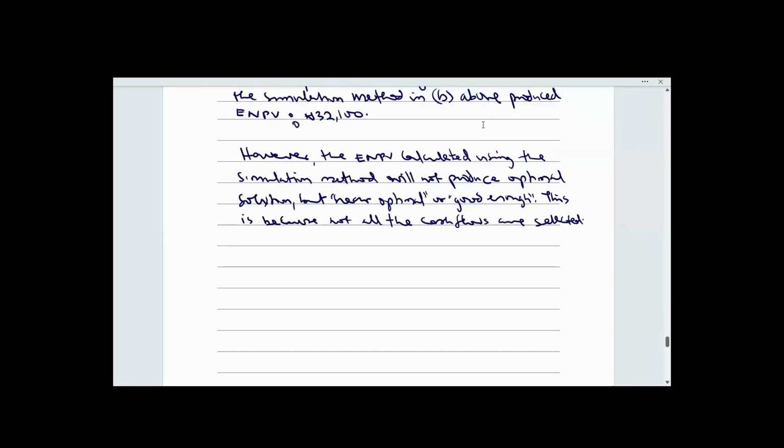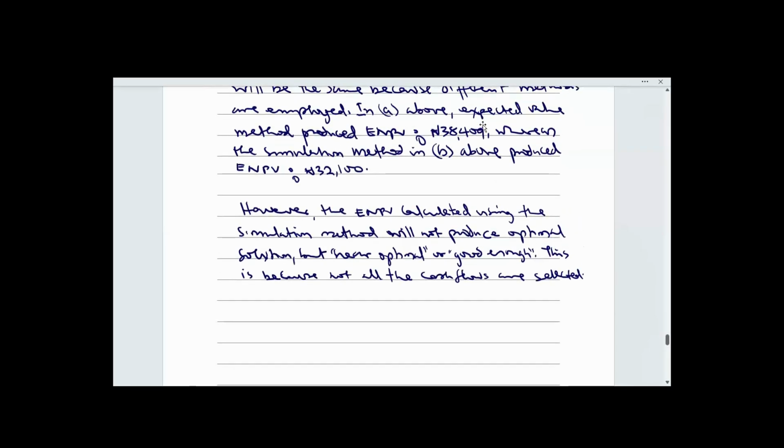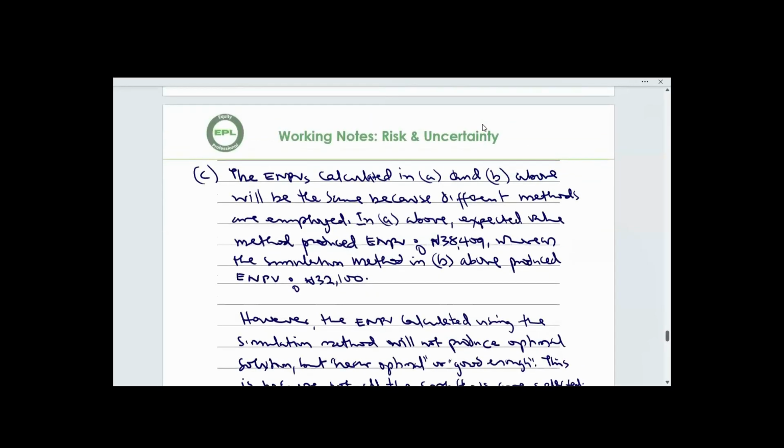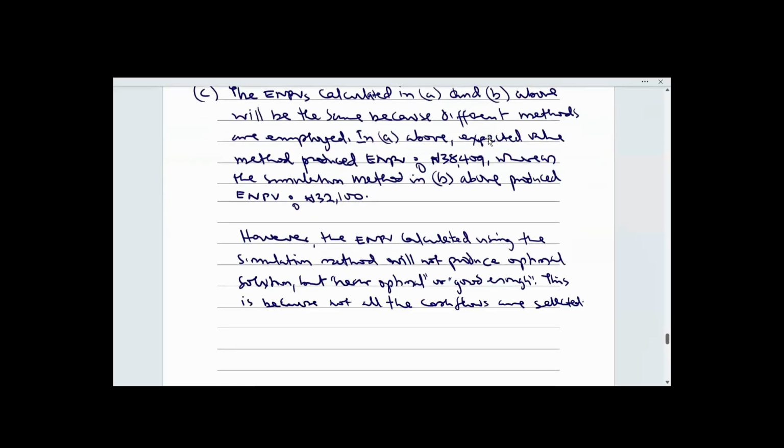Let me write it. When calculating the NPV, we are selecting numbers on the basis of the random number given to us. So that answers the question.